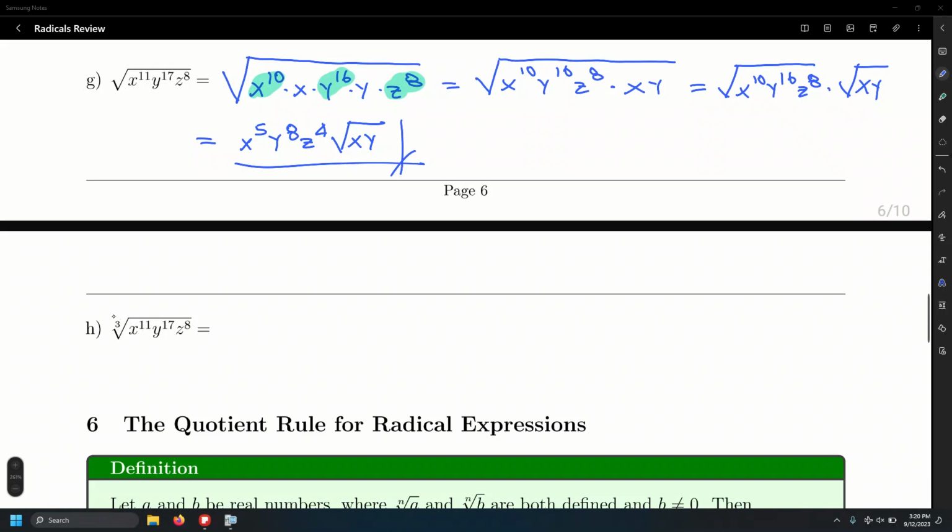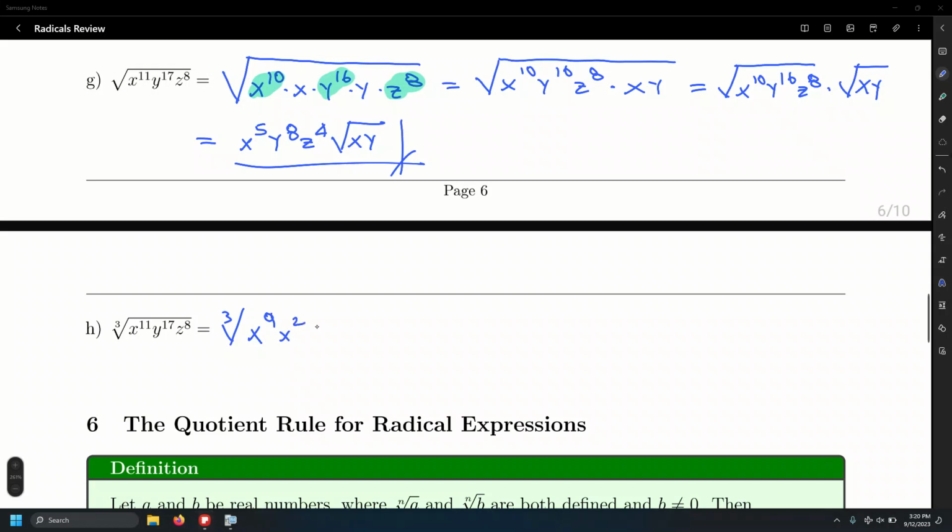And here is where we check them out. Is 11 divisible by 3? No. Okay, we need to break it up in a way that one power is divisible by 3. Okay, what number smaller than 11 is divisible by 3? 9. All right. So we will be left with 2 powers of them to make up for the 11.